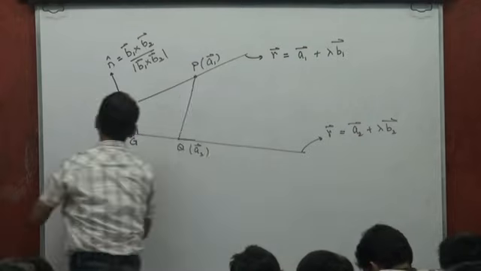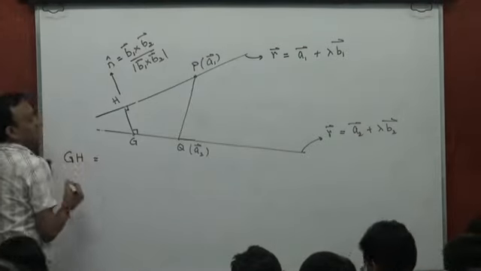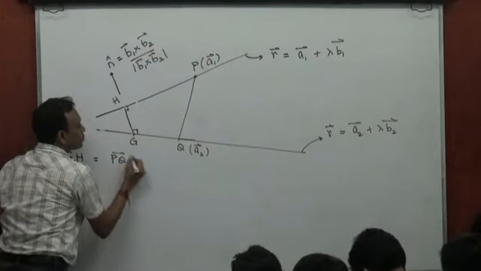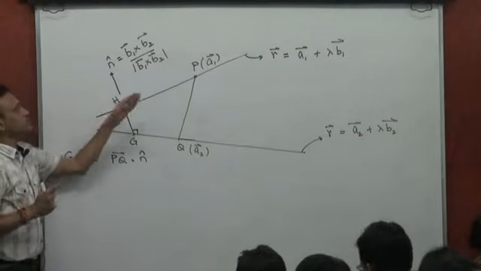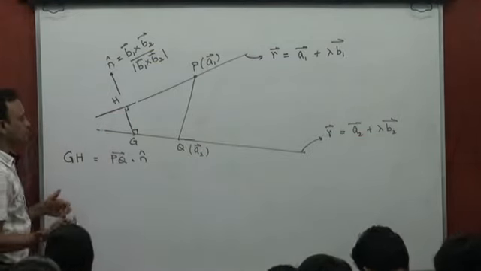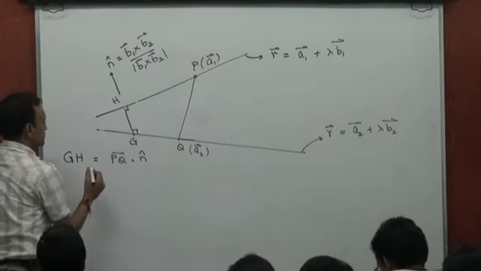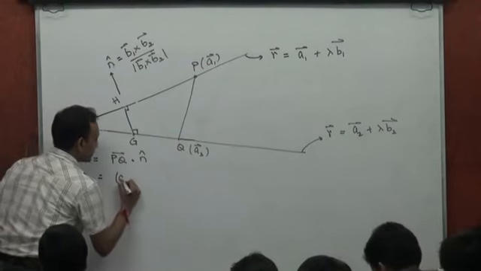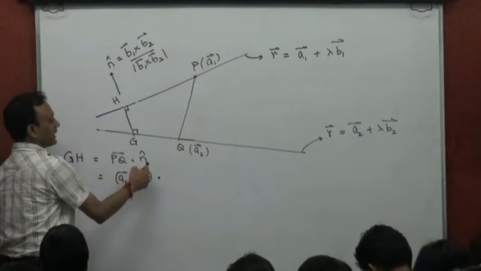That means GH can be written as PQ dot n cap. Projection of PQ in a given direction is PQ dot a unit vector in that direction. Or its magnitude, if it turns out to be negative, that's GH. Where what's PQ? PQ is A2 minus A1 dot n cap.